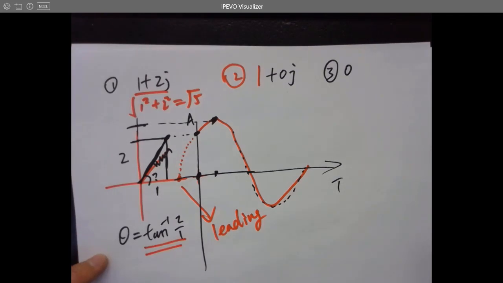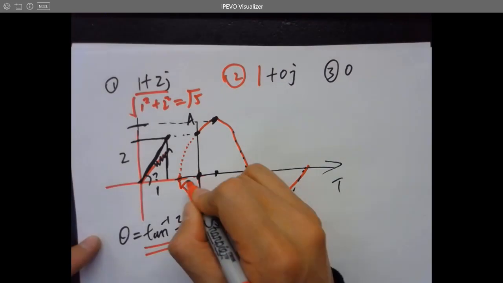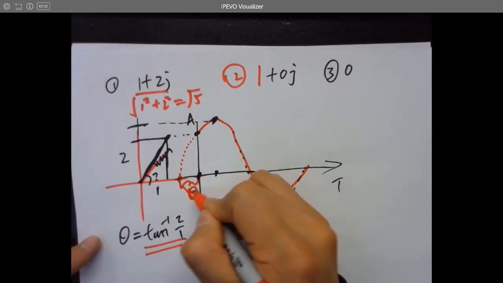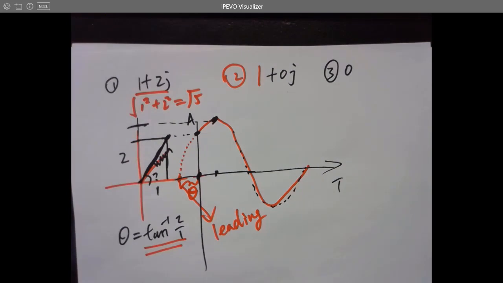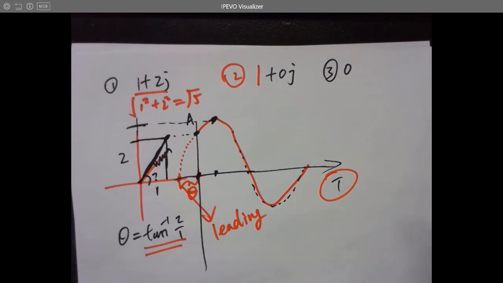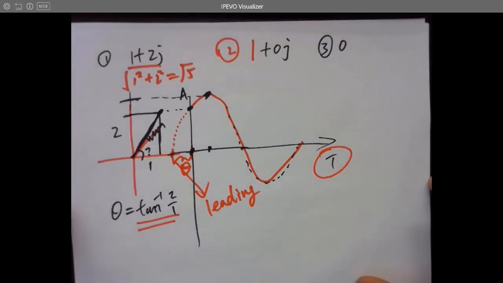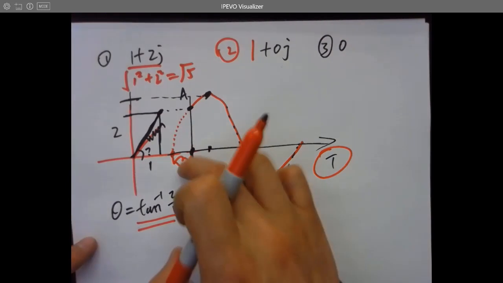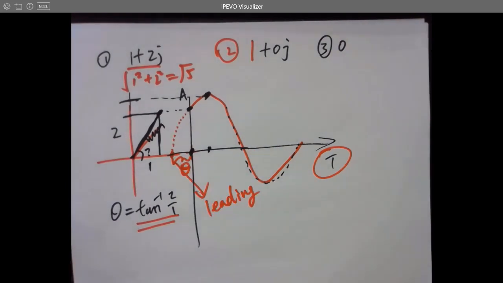Leading by this kind of angle, right? So this part is theta. How can I convert theta into time? You have to know the frequency first, right? How do you know the time?